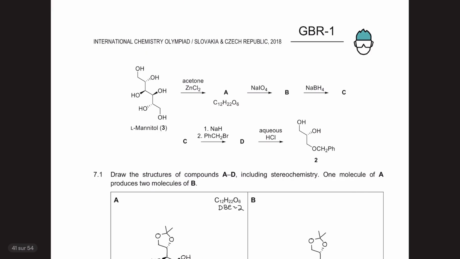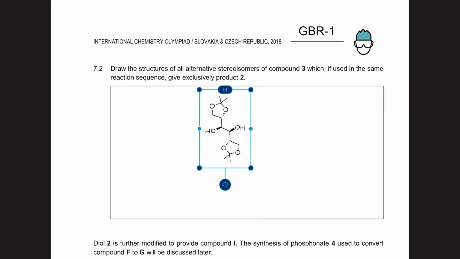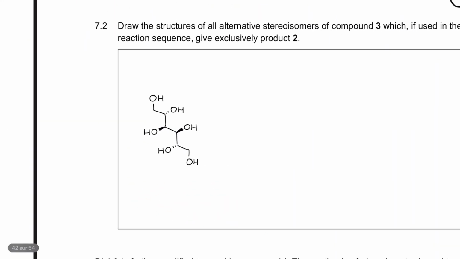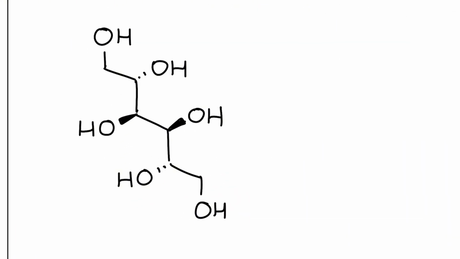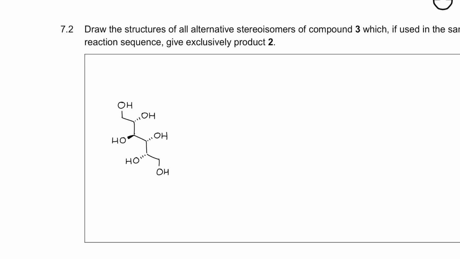So what we can do is I'm just going to copy the structure. We can have 4 stereoisomers that we can use, right? The first one is already given to us because it's in the problem. So the first stereoisomer is this one, right? But it says all alternatives, so we have to change things up a little bit, because this stereoisomer has already been given. So this is the first one.